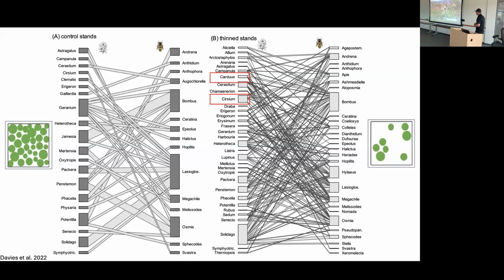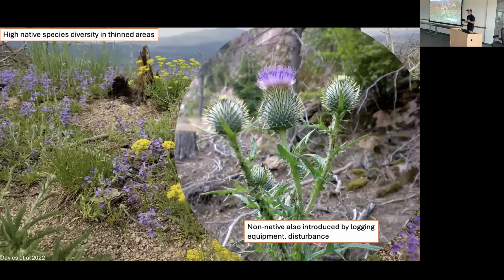So for folks who've seen thinning operations done or have looked around in these stands after thinning, it's not uncommon for that disturbance of the soil and the introduction of all that mechanized equipment to result in the introduction of non-native species. A lot of times you'll see cheatgrass come in. You'll see woolly mullein come in after a thinning operation. So you get a lot of native species diversity, but you also get this introduction of non-native species that are introduced by the logging equipment.